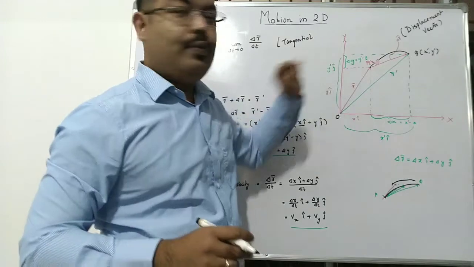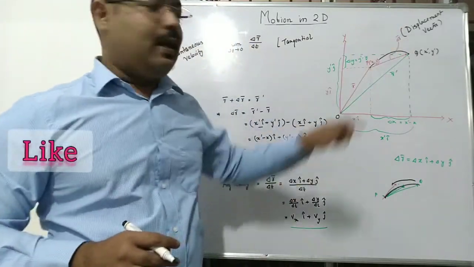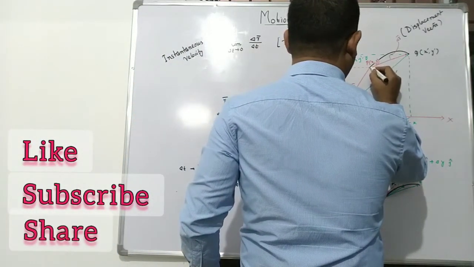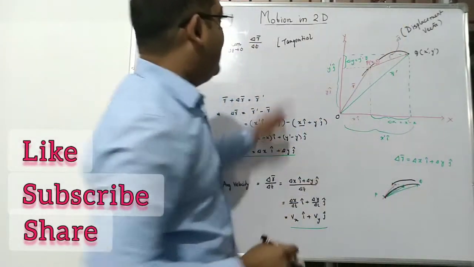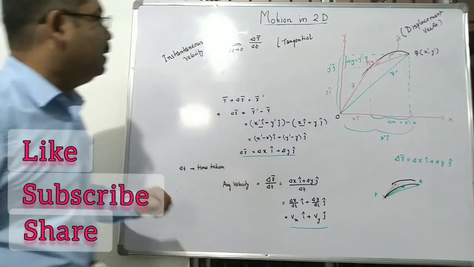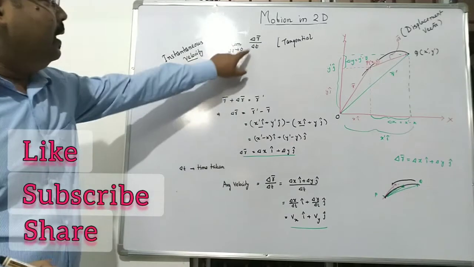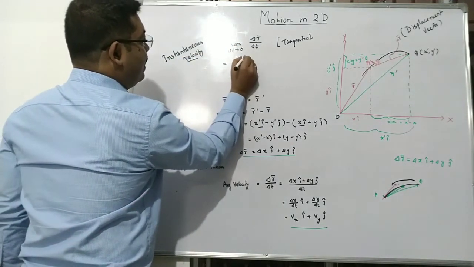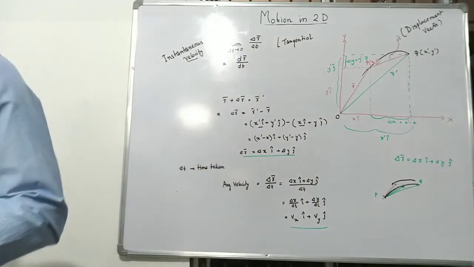At point P, if we measure the instantaneous velocity, it will always be tangential to the curve at point P. Say the particle was actually moving along this path. So whatever tangent is there at point Q, it will be tangential, so it will be like this. Okay, so in this limit, we can rewrite this as delta r by delta t becoming dr by dt.